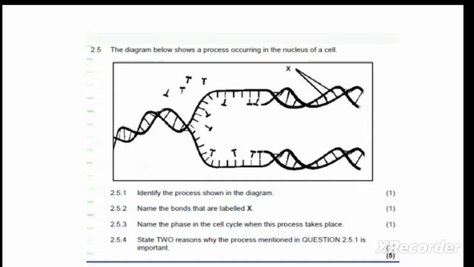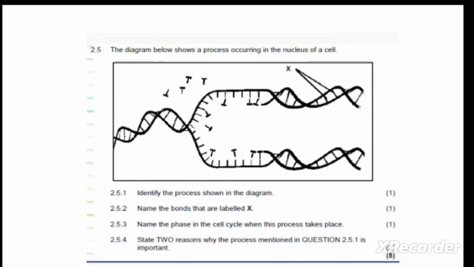You can only see a DNA molecule, so a process whereby there is only a DNA molecule, that is DNA replication, because that's where it makes a copy of itself. So this process is DNA replication.